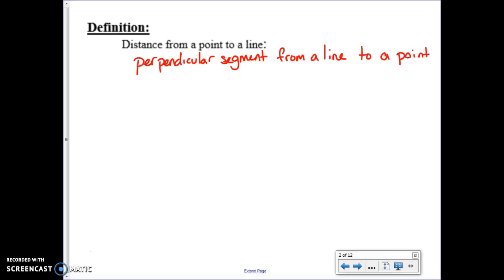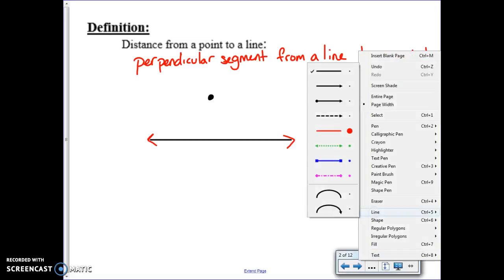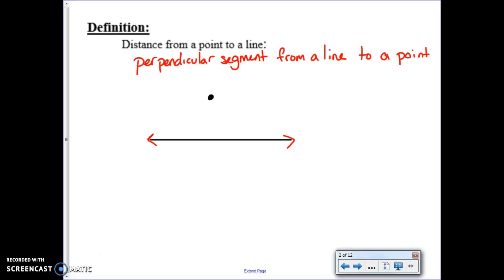So if I have a line, and then I have a point up here. If I draw another line, the only way to find the distance is if that line is perpendicular to that point.